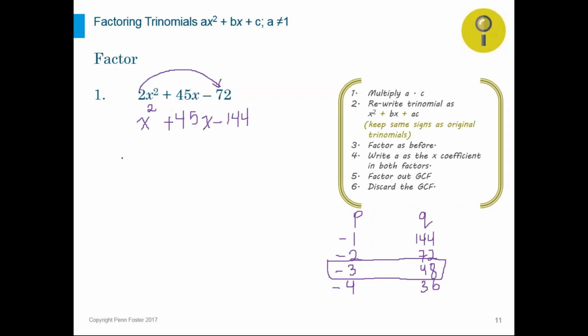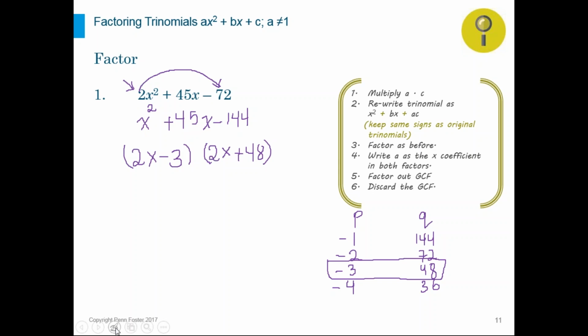Now let's write the factors. I'm going to have an x, and I know one is negative and one is positive. The negative one is a 3, the positive one is a 48. Now the tweak that we have, because we have that leading coefficient, I'm going to multiply the x times 2 and the x times 2.